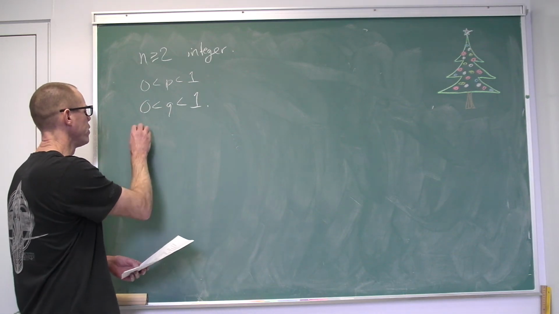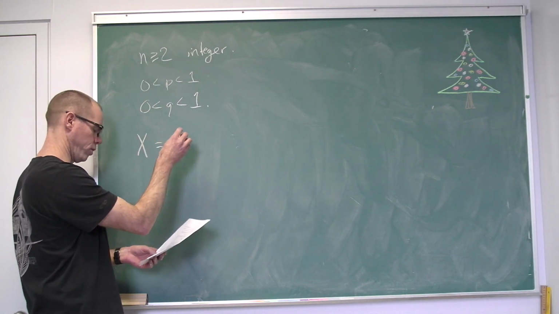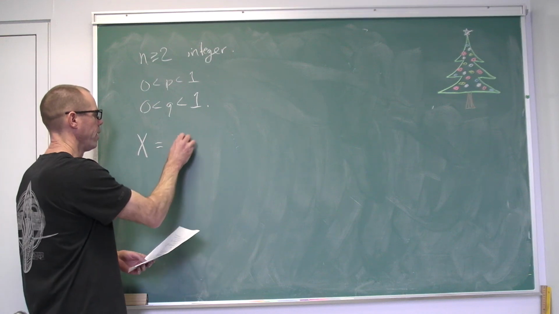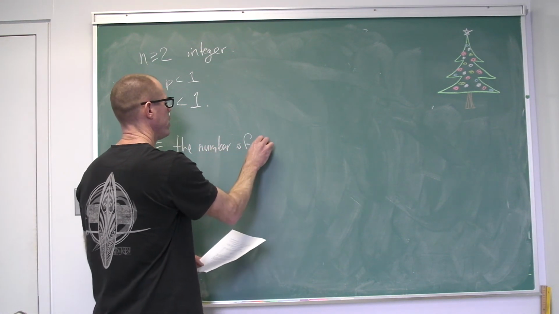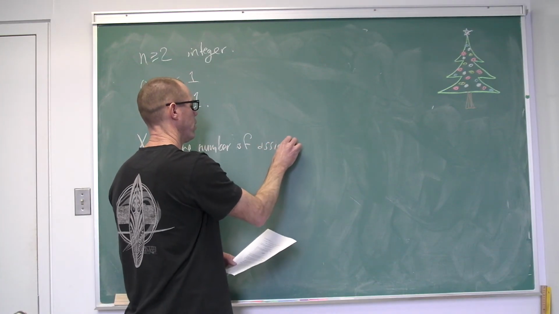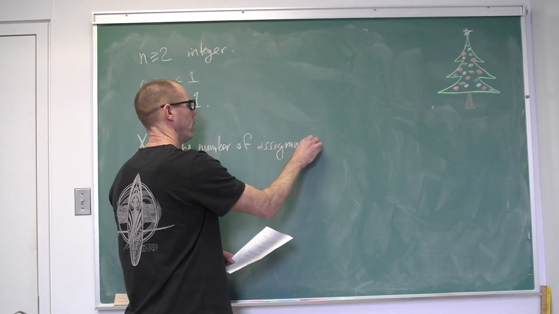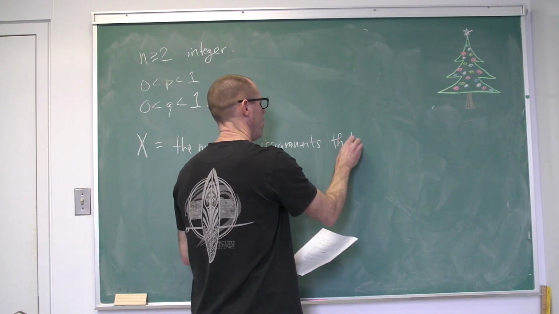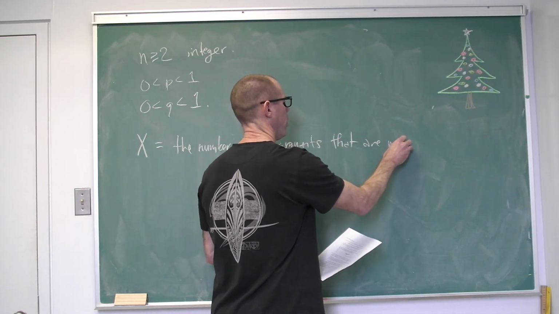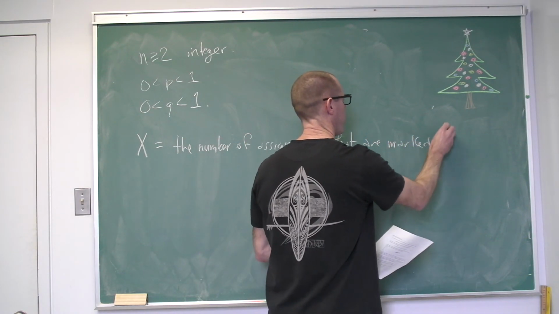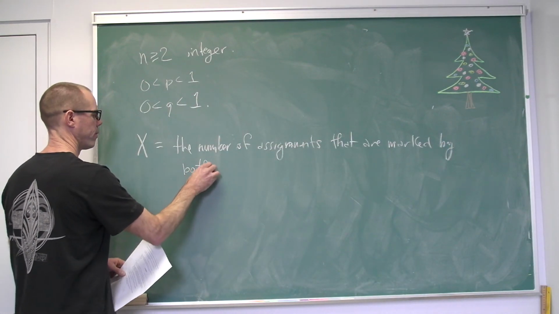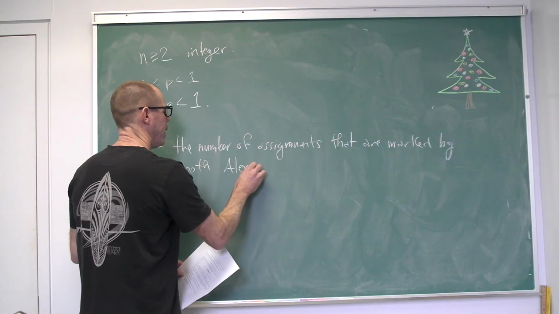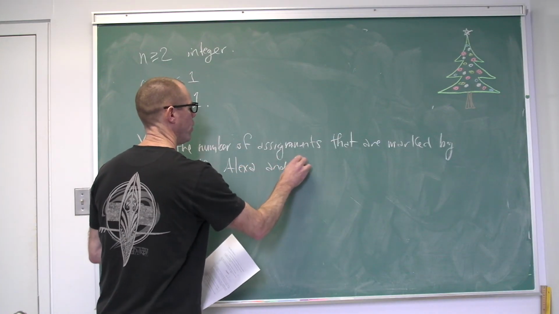And it asks about this value x, which is equal to the number of assignments that are marked by both Alexa and Zoltan.